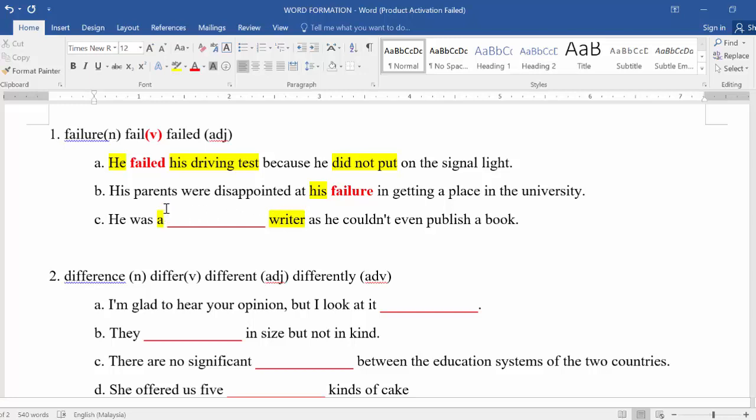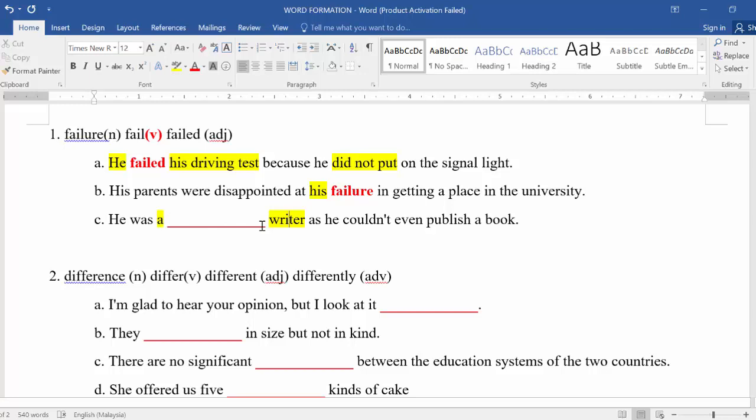When you have a determiner and a noun and you have a blank in between them, this blank should be an adjective. Okay, if you have a determiner, a blank, and the next word is not a noun, then your blank should be a noun. So for this question you have determiner, blank, and noun.